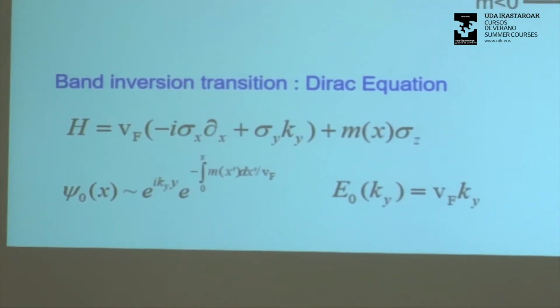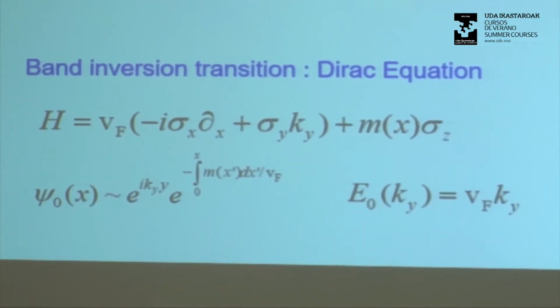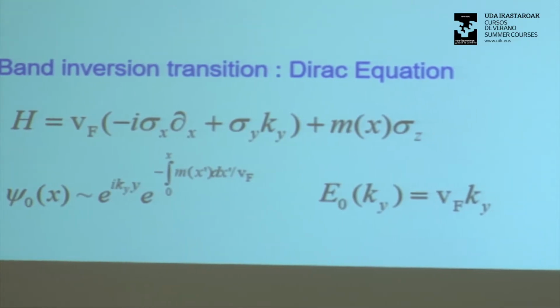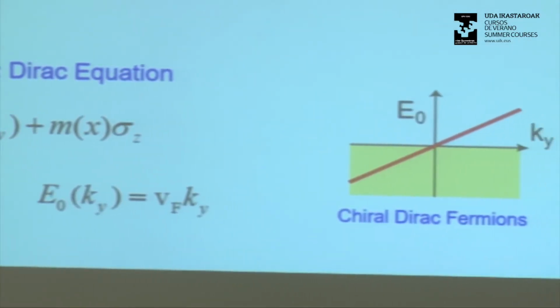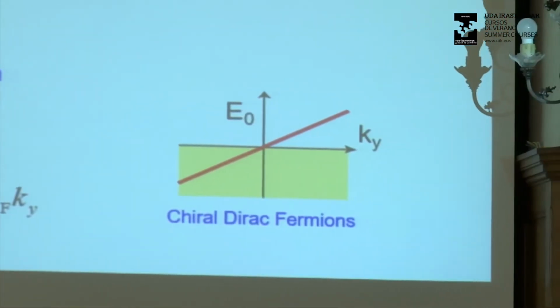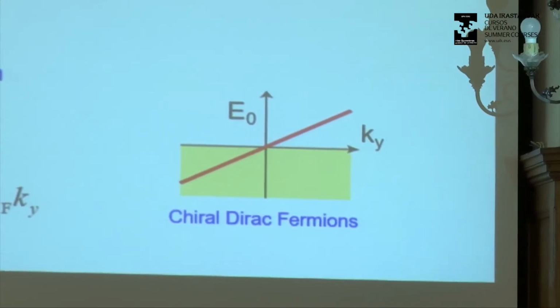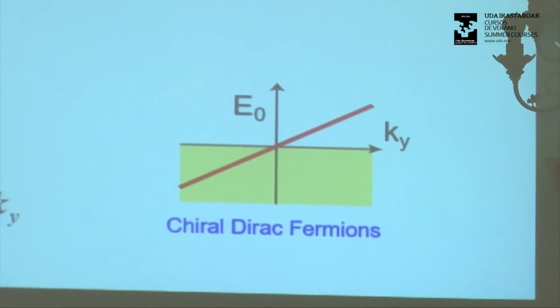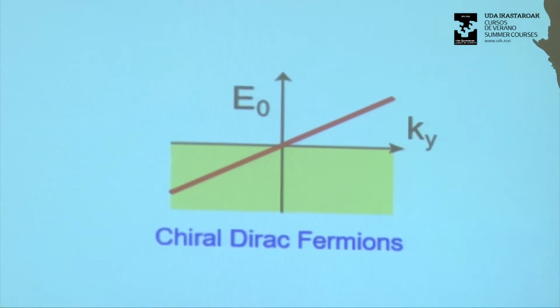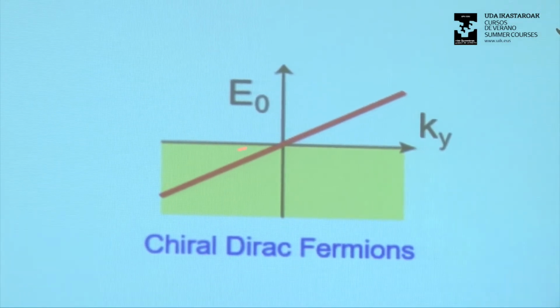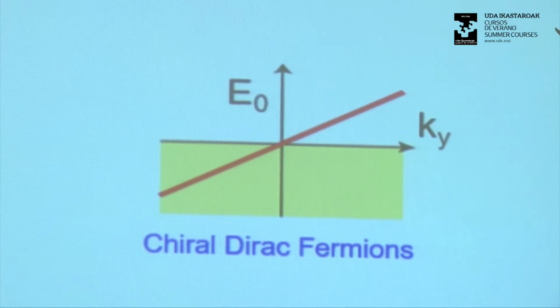And these states are the propagating edge states. So the velocity of a state is the group velocity, dE/dk. And so these states have a positive group velocity. They're propagating in the plus y direction.